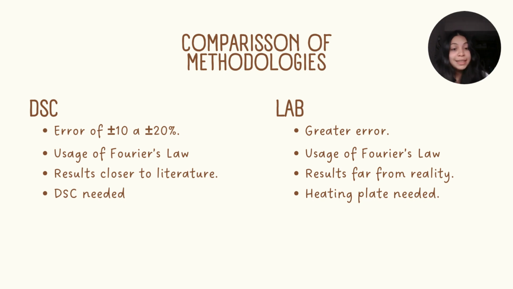On the other hand, the DSC only has from 10 to 20% of error, and this is why the results are closer to literature than the ones we obtained in the lab. In both methodologies, the Fourier law can be used, and less equipment is needed for our lab practice because it only needed a heating plate, whereas in the DSC, we needed the DSC.